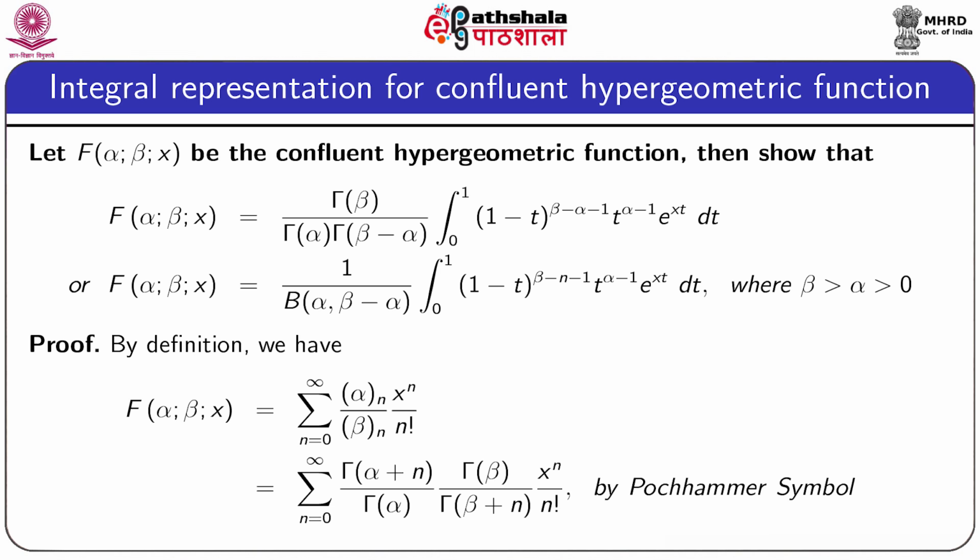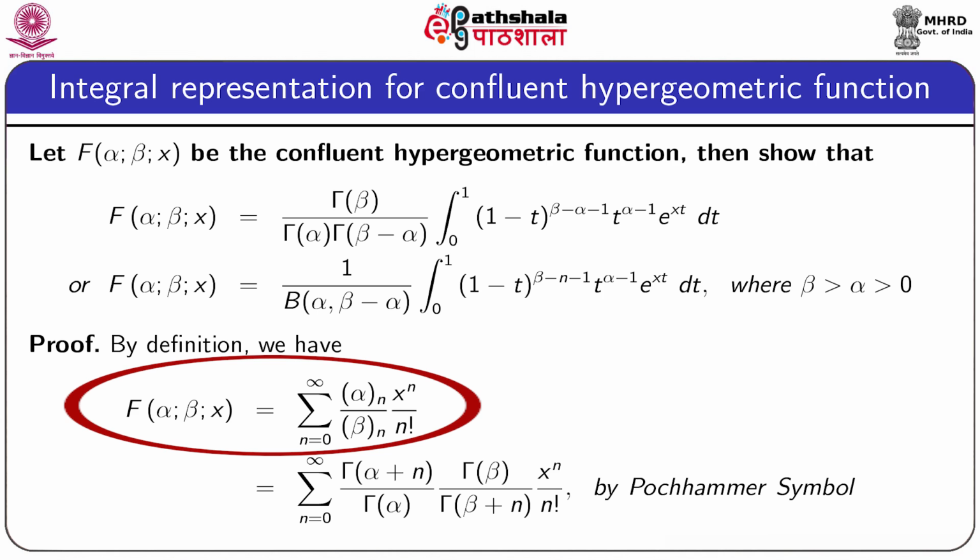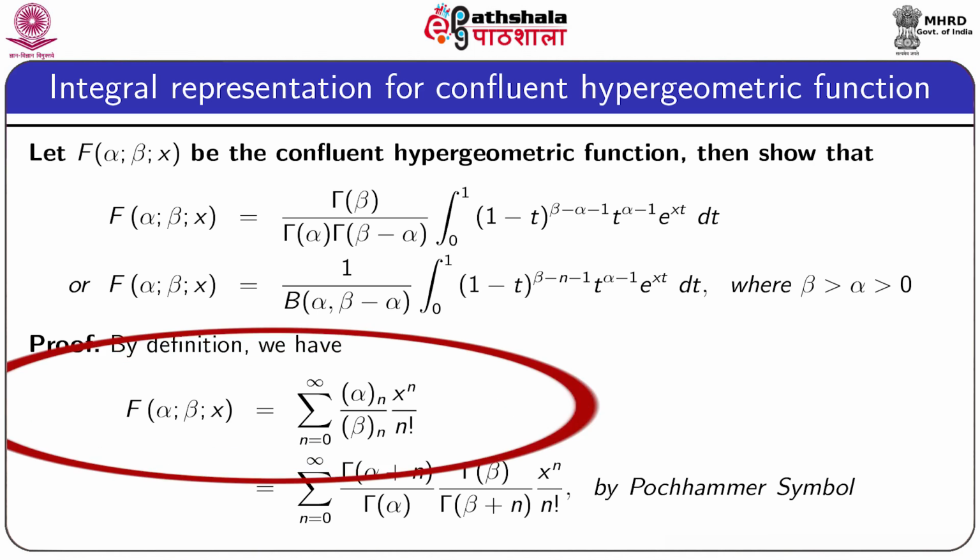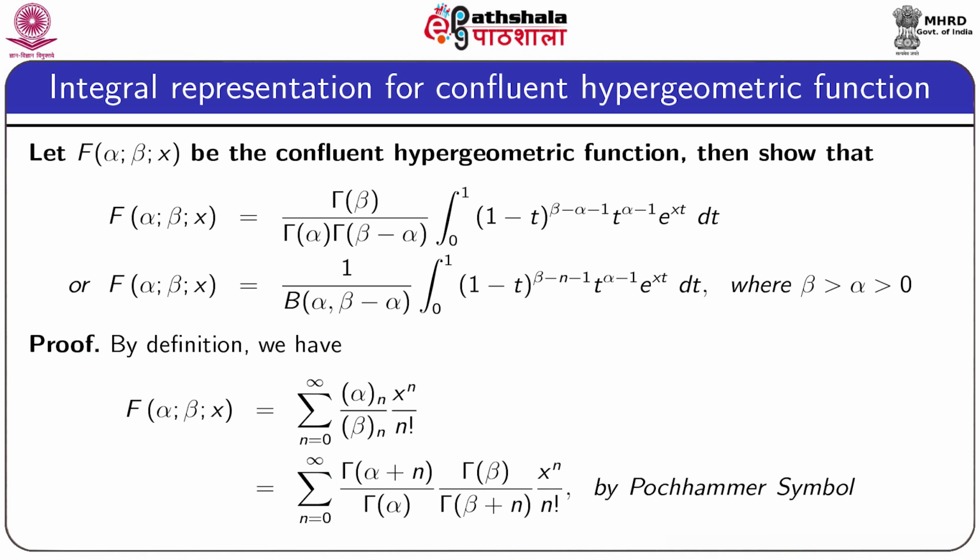So, we start with the definition of the confluent hypergeometric function, which is F of alpha, beta, x is equal to summation n equal to 0 to infinity, (alpha)_n divided by (beta)_n into x to the power n by n factorial, which is represented by Pochhammer's symbol.